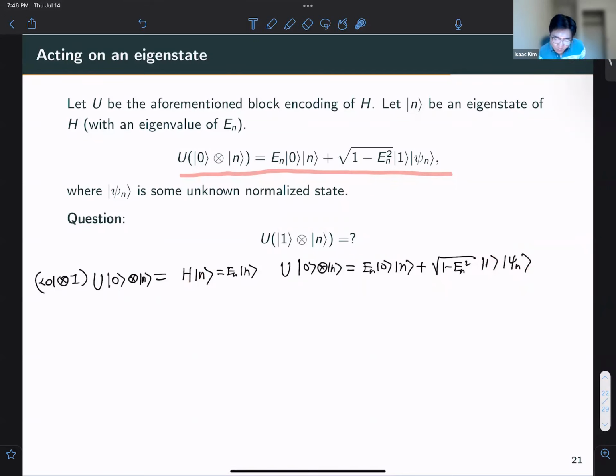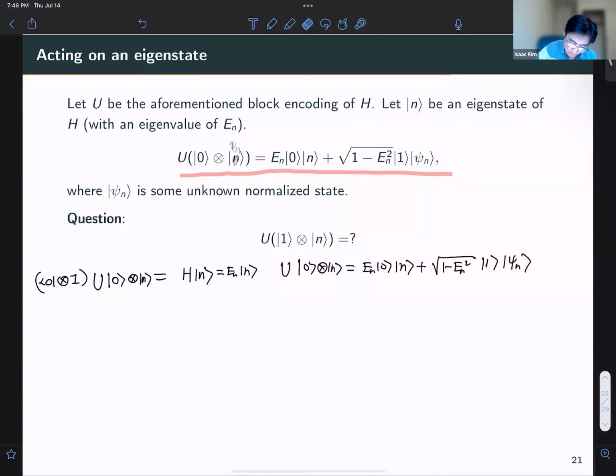Okay. And the question is the following. Suppose I know how this unitary acts on this particular state, 0 tensor energy eigenstate. I should note that this is a typo. This is psi n.